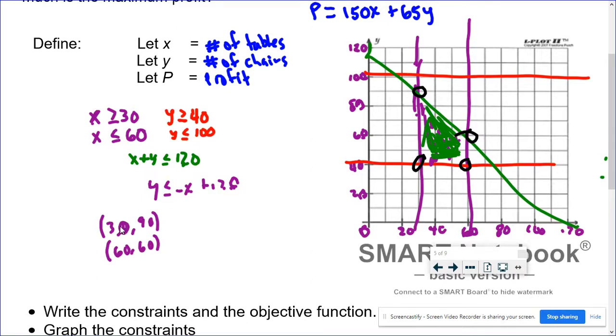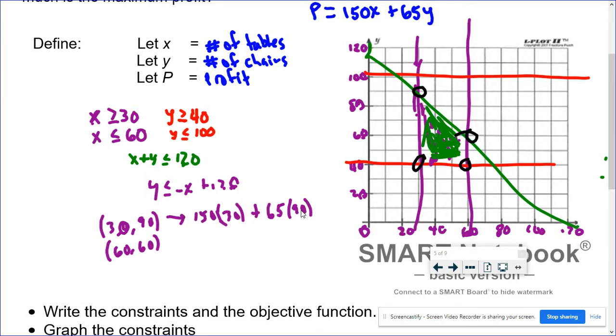All right, so we're substituting 30 in for x, so 150 times 30 plus 65 times 90. Let's figure out what that is on the calculator.